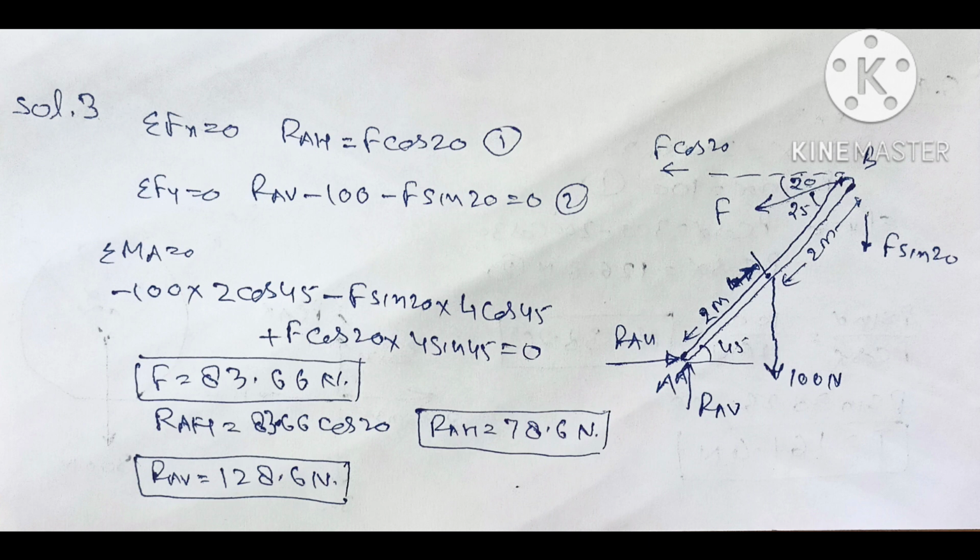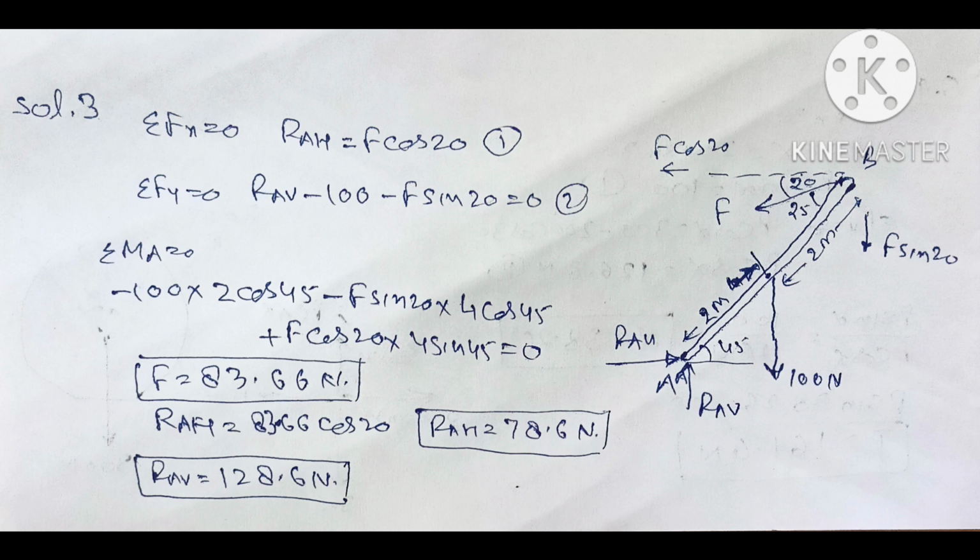Similarly, the 100 Newton will try to rotate the body in the clockwise direction. So minus 100 into 2 cos 45. Then plus F cos 20 into 4 sin 45 equal to 0.